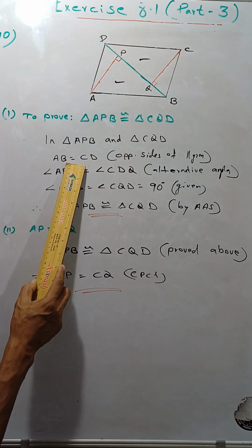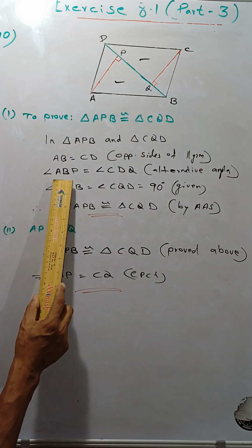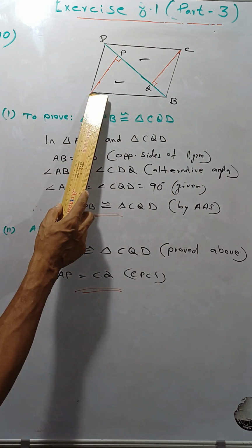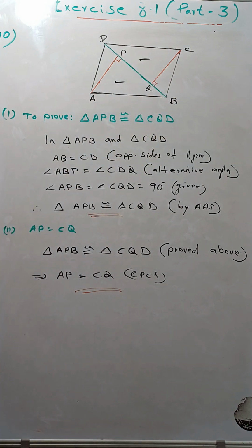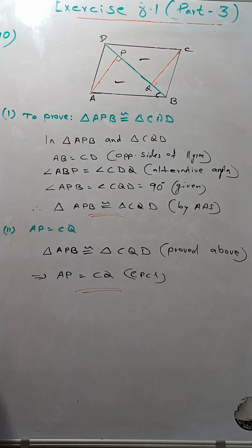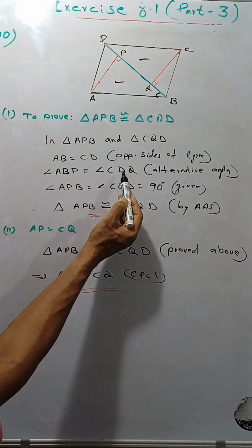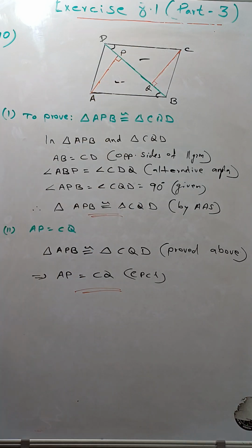We know that opposite sides of a parallelogram are equal. Then angle ABP, this angle, and angle CDQ, this angle, are also equal.